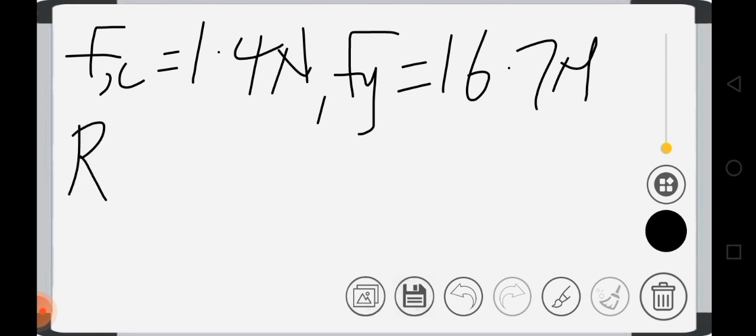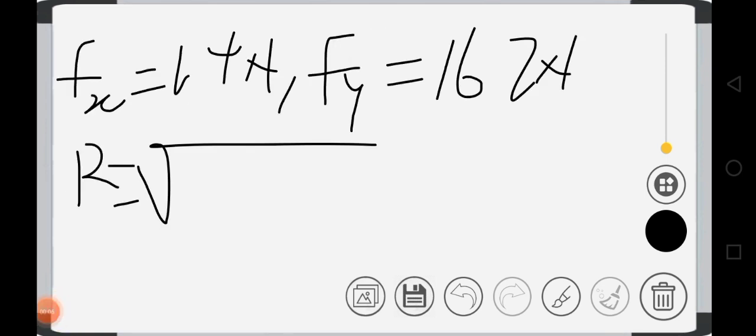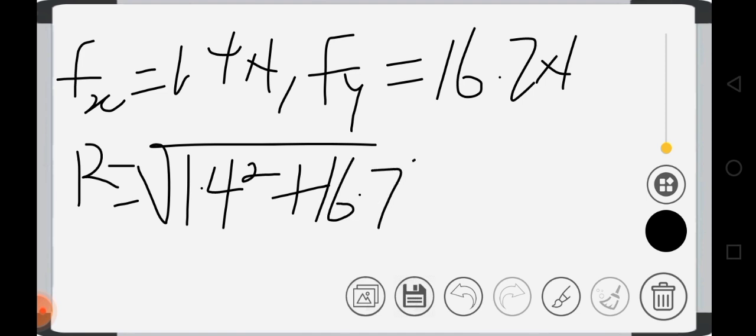The resultant will be the square root of the x component, which is 1.4, squared, plus the y component, which is 16.7, also squared. That gives us approximately 16.76.